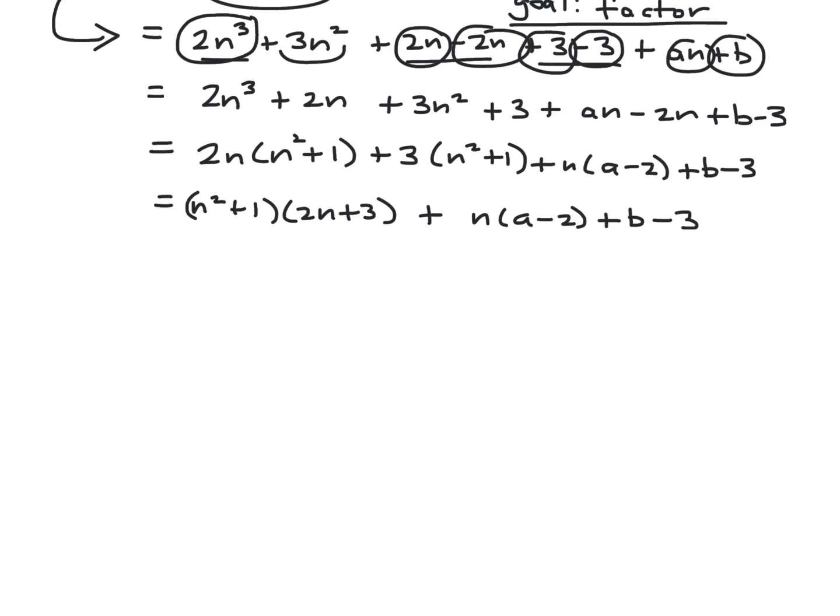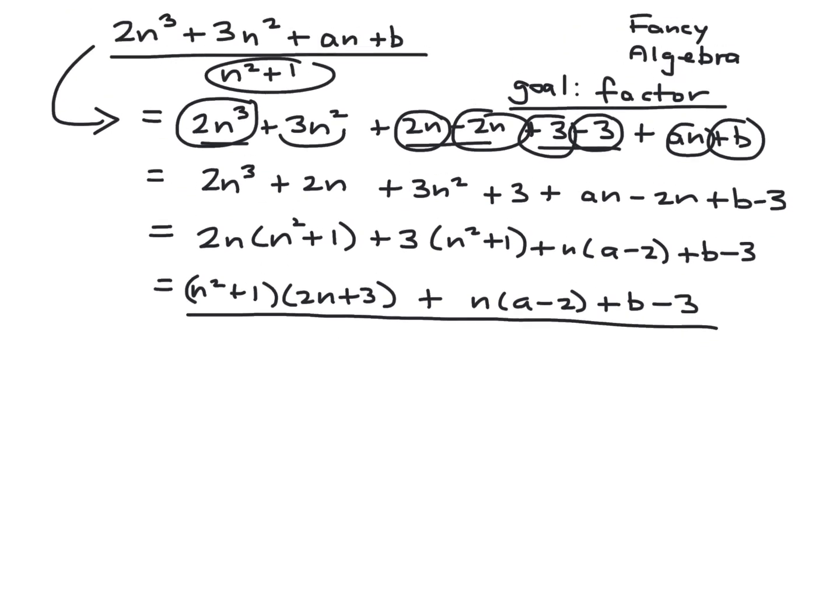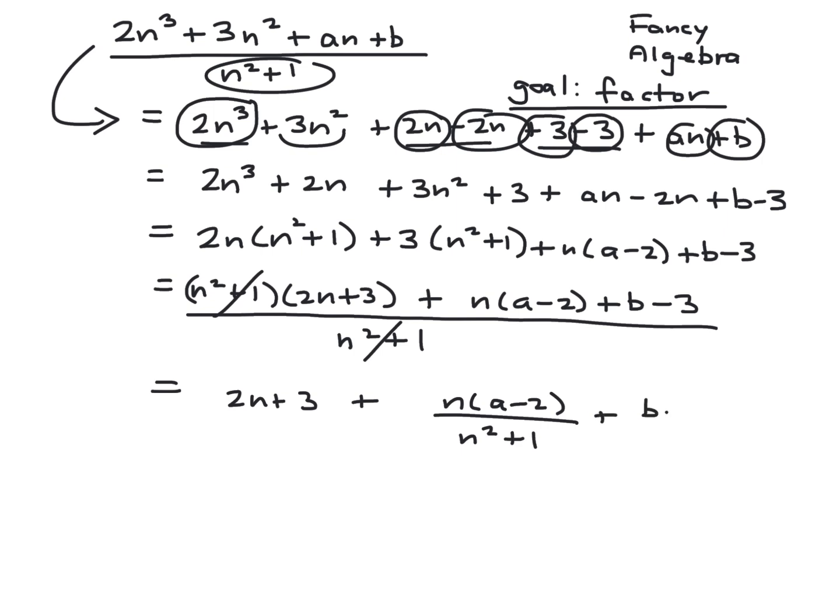I know it doesn't seem like anything great, but remember it was all over n squared plus 1. Now, when that happens, this cancels with this to give you just 2n plus 3. And then we have n(a minus 2) over n squared plus 1, because the denominator still is valid there. You can't cancel it. And then (b minus 3) over n squared plus 1.